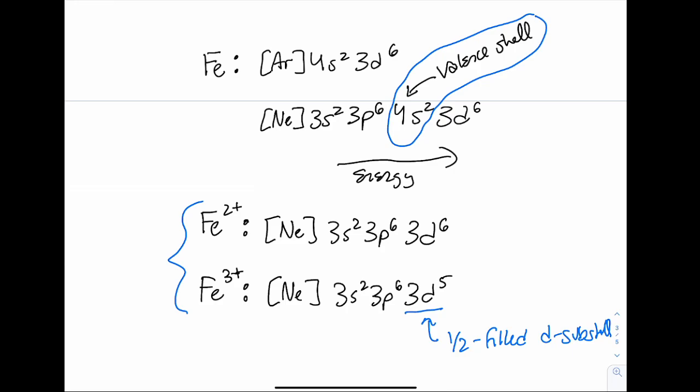Because I have 5 values for m sub l when l is equal to 2, which is what it's equal to when it's d. Because of that, I can have 10 electrons total, right? 2 electrons per orbital. So 10 would be full, 5 is half of 10, so a half-filled d subshell. So iron with a +3 charge is a little more stable than iron with a +2 charge.